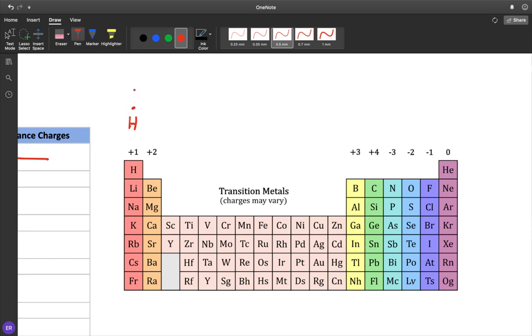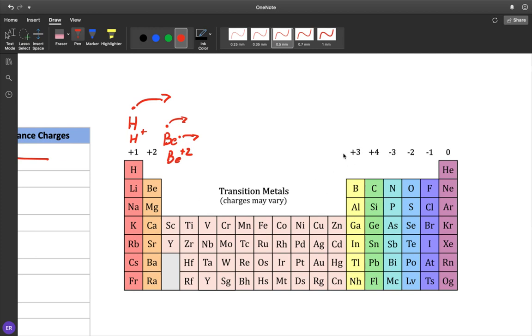If it loses that electron, we're losing one negative, it's going to become a positive. Now, in group two, they have two valence electrons. So if it loses two, right, we're losing two negatives, those elements become plus two. All right, and so on and so forth.